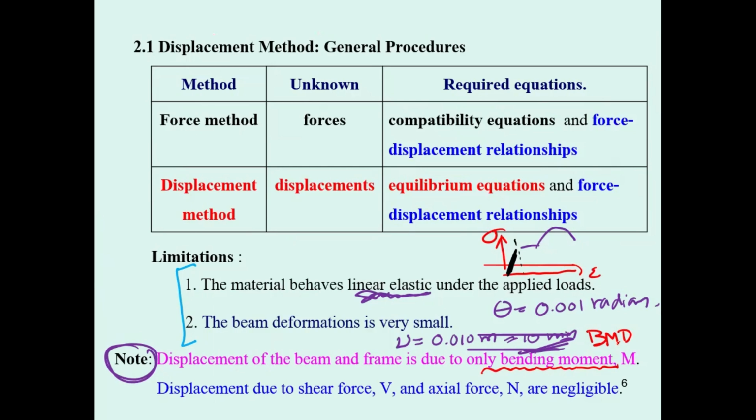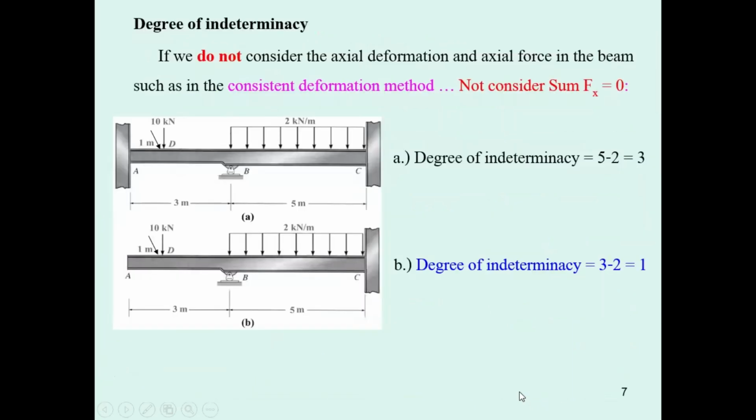Your beam, your frame won't have axial deformation. It won't elongate or contract. If I said it's 3 meter before the application of the force, later it's still 3 meter. Actually, it may be 3.001 meter. That's too small. Okay. And then you should draw the elastic curve with those important concepts.